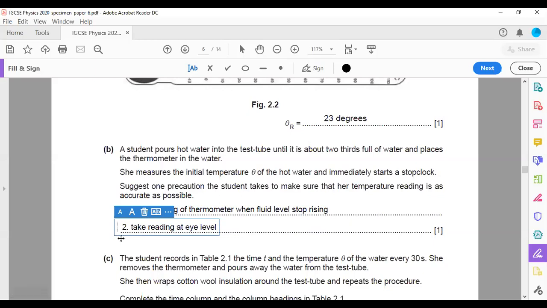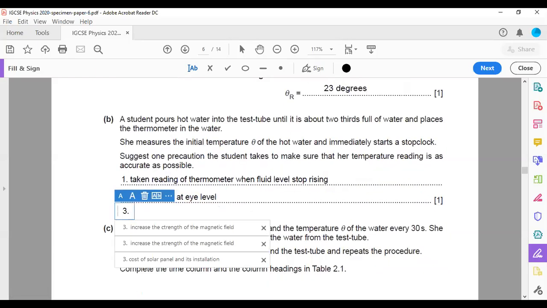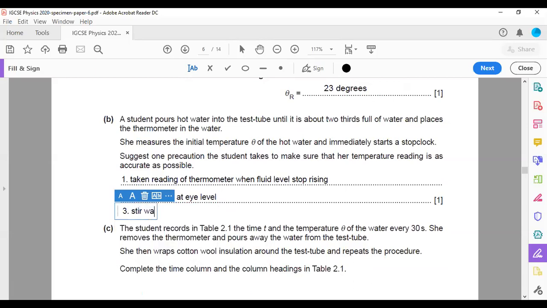And the third answer is to stir the water so that the temperature is even throughout the liquid.